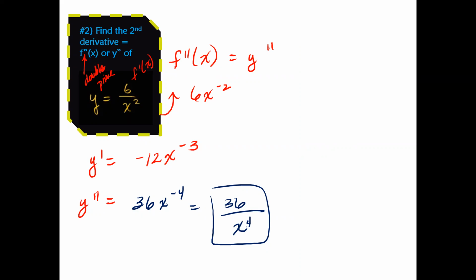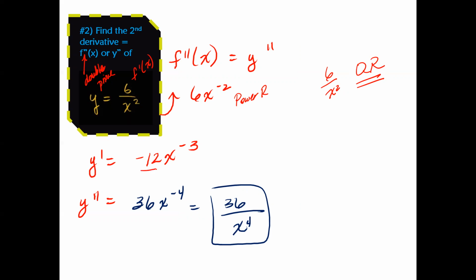So as I'm looking at the 6 over x squared, you could attempt to do the quotient rule. You'd have the same answer, but an easier way of doing this algebraically is just using the rules of algebra with exponents. Move the x squared up, so you have x to the negative second power, and then just apply the power rule and bring down the negative 2 times the 6.